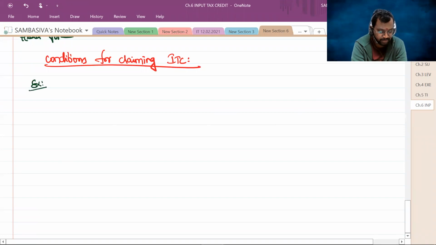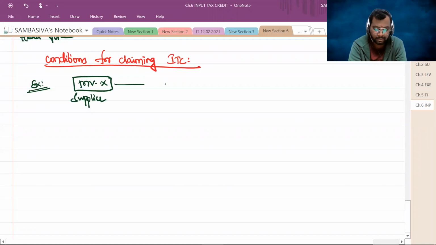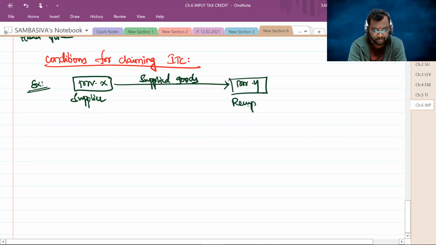Second condition we are discussing. So Mr. X is the supplier of the goods, supplied the goods to Mr. Y, recipient of the goods.